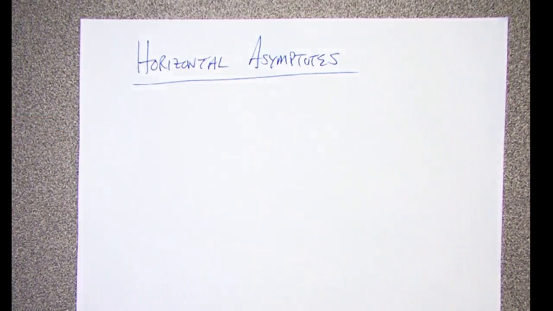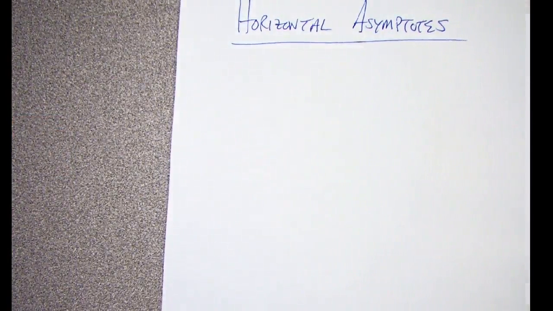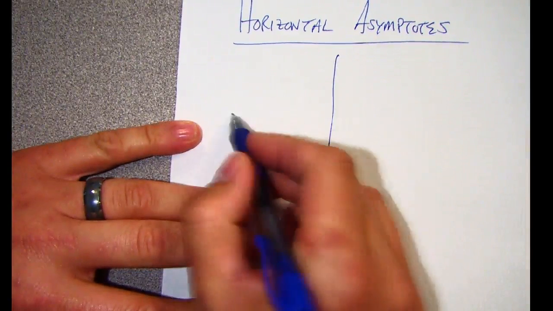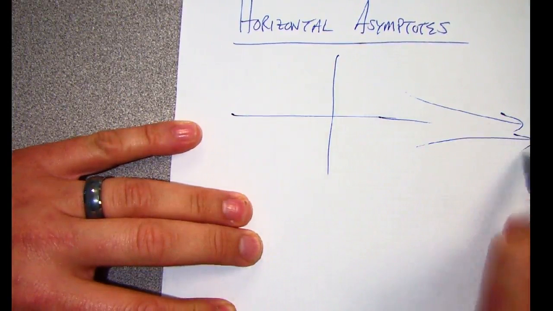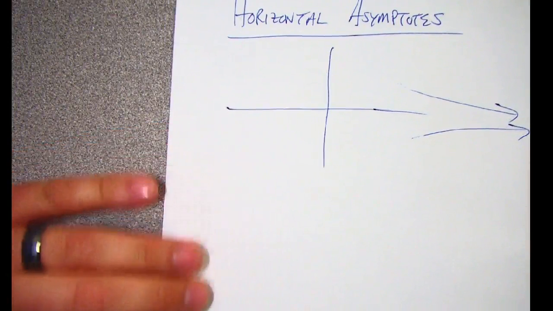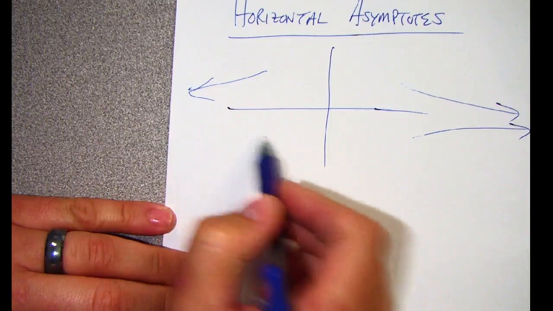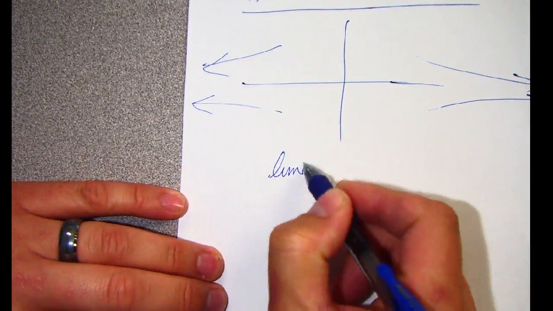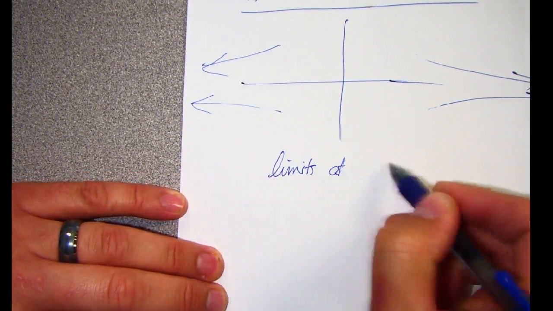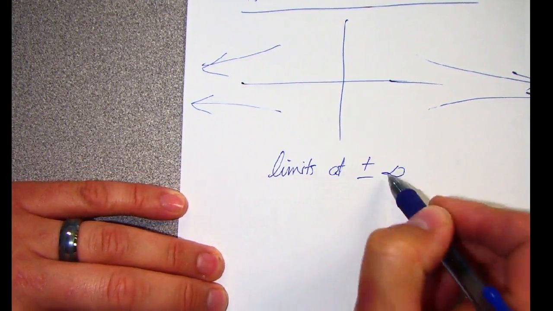Horizontal asymptotes are what happens when the x values get very, very big, go all the way to the right, or very, very small, and go all the way to the left. So horizontal asymptotes are the limits at positive and negative infinity.